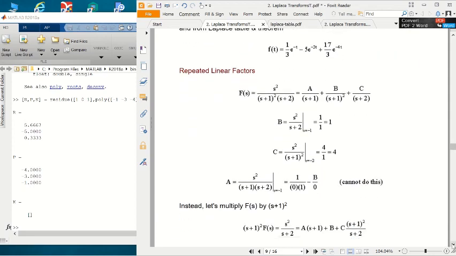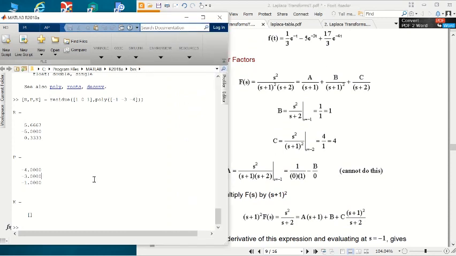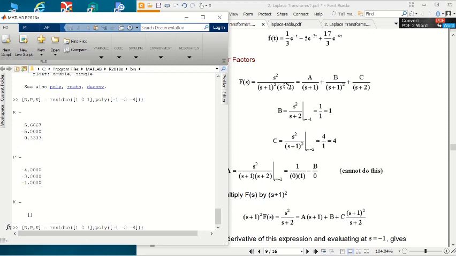Try this one. For the repeated factors like this, at the top here we only have one term, but s squared, so that means s squared, s equal to 0, the s multiplier also equal to 0, so we should enter 1, 0, 0 for the numerator.